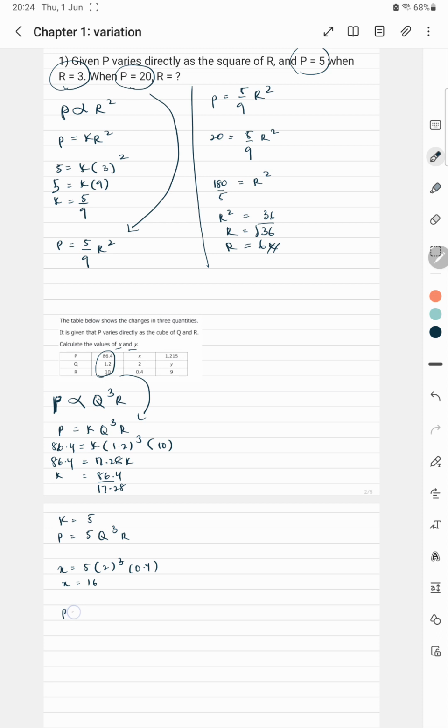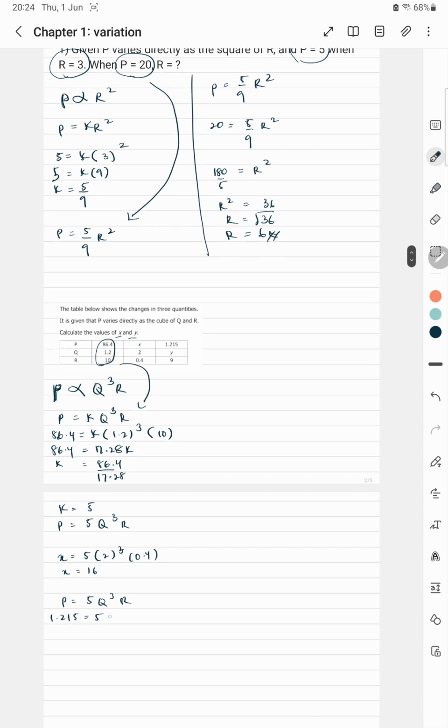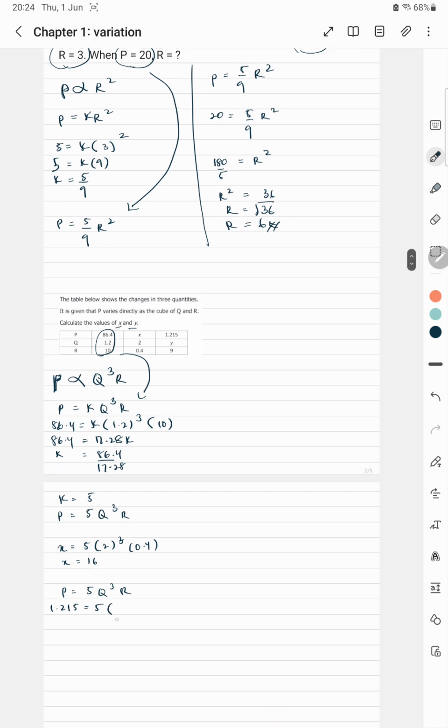So our p is 1.215 equals 5 times q, which is y, times r, that is 9. Go ahead and calculate it.